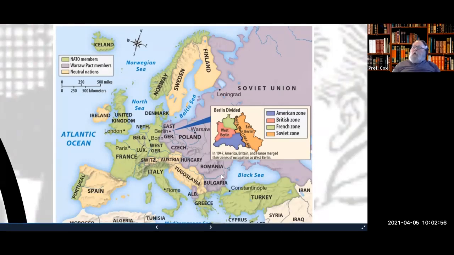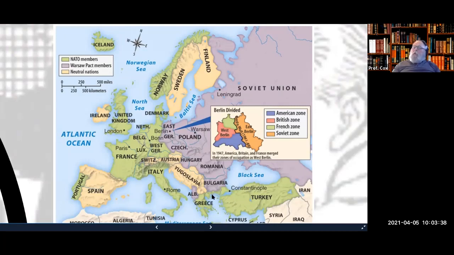Particularly in southeastern Europe, there is a lot of unrest and poverty, and there are communist revolutionary movements in both Greece and Turkey, as well as other places. There is a fear that the Soviets are supporting the communist revolutionaries, obviously, and that if the West doesn't respond to that, then they will fall to communism.